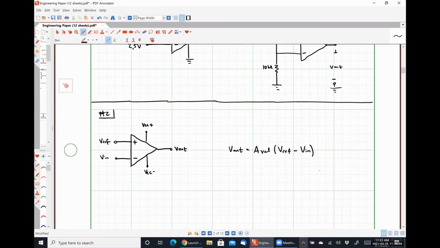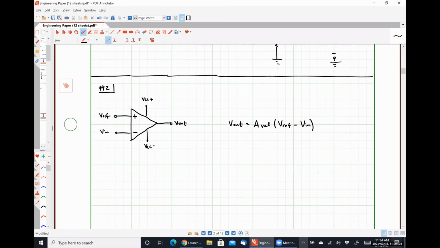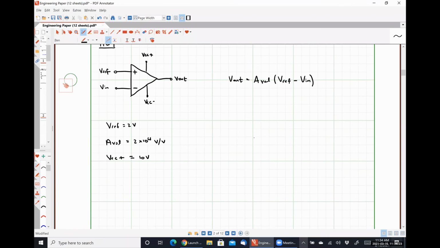So let's say that VREF is equal to 2 volts. AVOL is equal to 2 times 10 to the 4 volts per volt again. VCC plus is 10 volts. And VCC minus is equal to negative 10 volts.